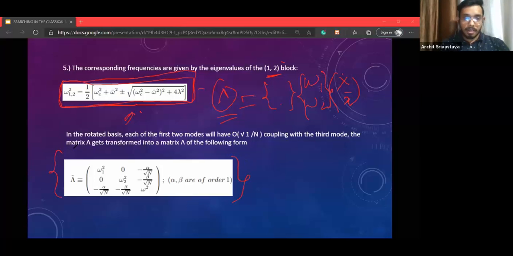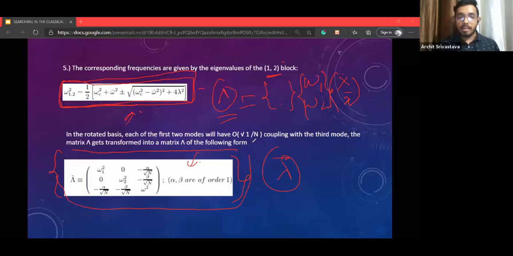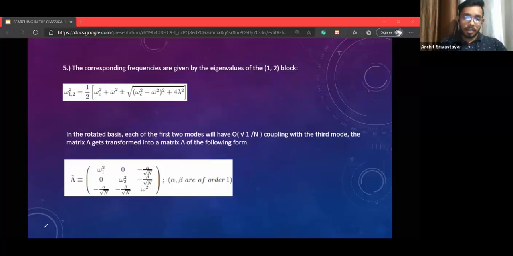After this transformation, the lambda dash matrix is of more significance for us, because it helps us analyze things more properly. So if we go to the next slide.